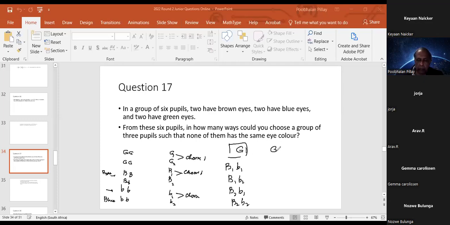And likewise, if I chose G2, I'm going to have another 4 here. So the answer must be, if the only 2 ways you can choose the green, for this fellow there's 4 choices, for that there are 4 choices. So the answer must be 8. Answer is 8.